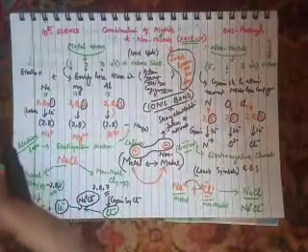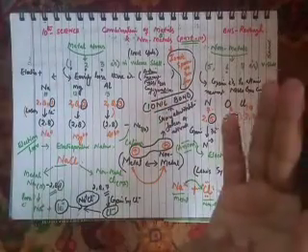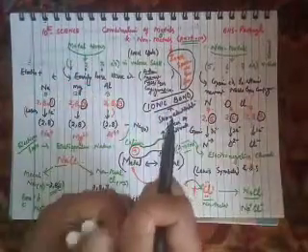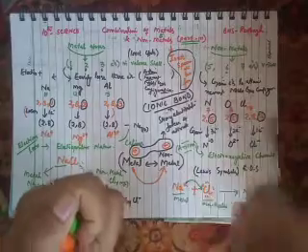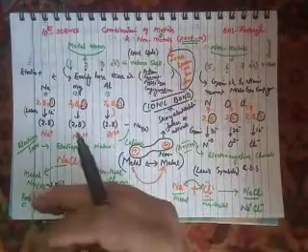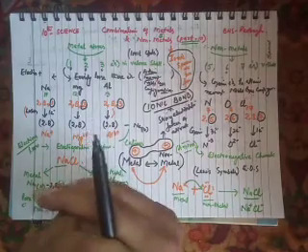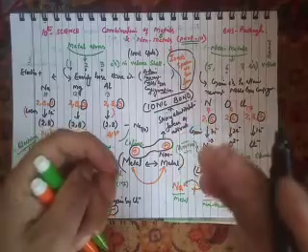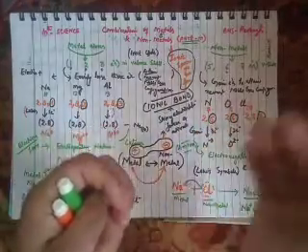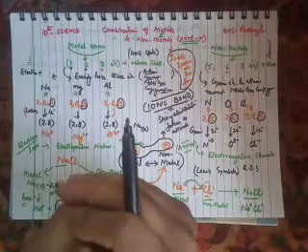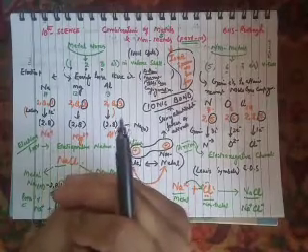So positively charged metal cations and negatively charged non-metallic anions are formed, and these ionic species are held together by a strong electrostatic force of attraction, which we call the ionic bond, and these compounds are thus referred to as ionic compounds. So when metals combine with non-metals, they form ionic compounds, or we call them electrovalent compounds.